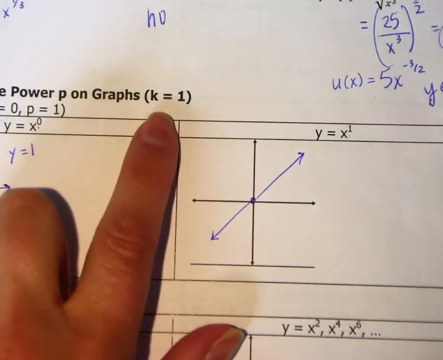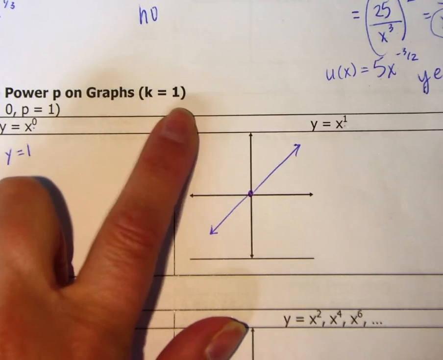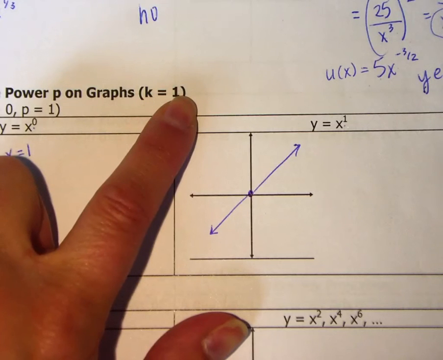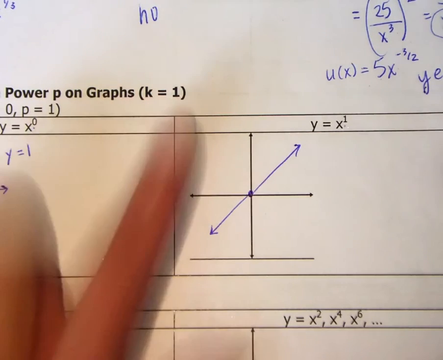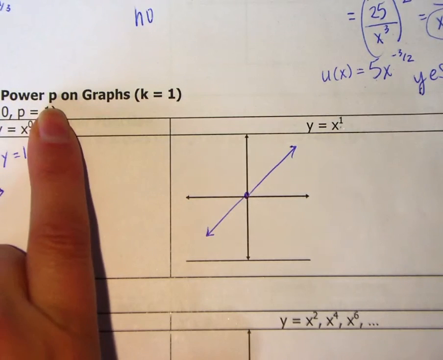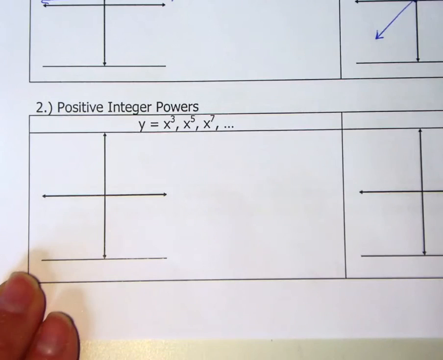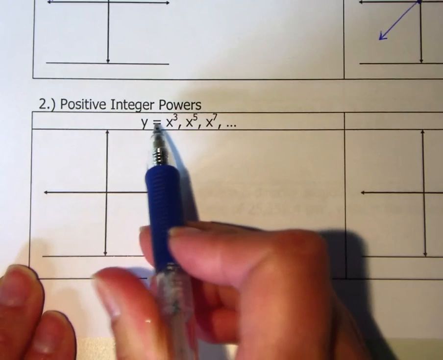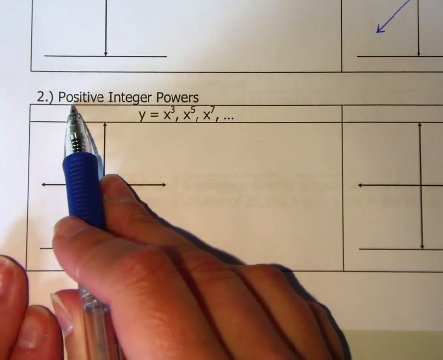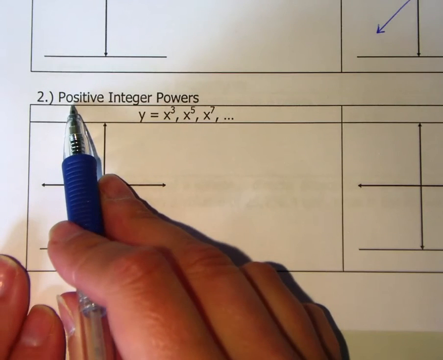Oh, by the way, I should have mentioned that your coefficient k in all of these is 1, okay? What we're really focused on is how changing your power, or that value of p, affects the graph. So what I want you to do is look at changing up that value of p.